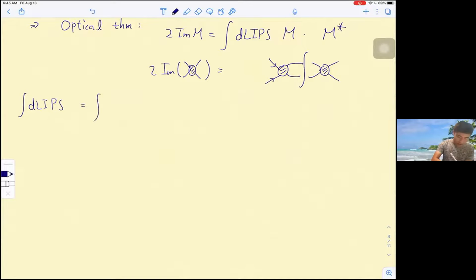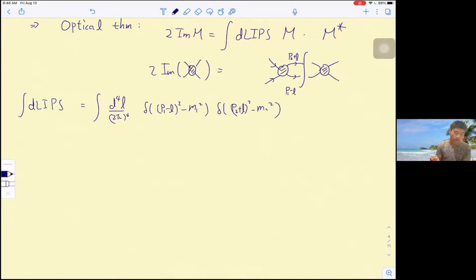Of course, if I call this P1 minus L, P2 plus L, it's literally just integrating over this one with the delta function of P1 minus L squared. And you can simplify this calculation if you're willing to linearize this delta function.